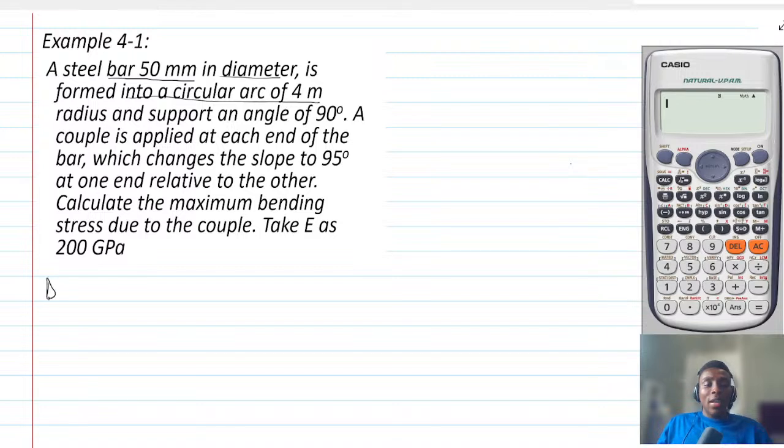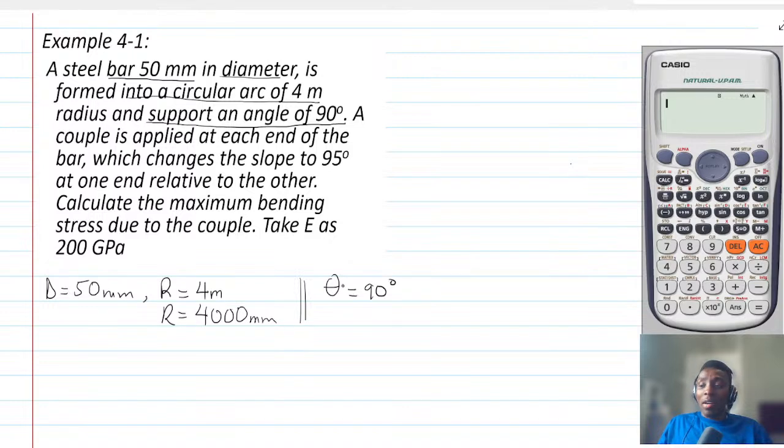So the diameter is 50 millimeters, and the original radius is 4 meters, which is the same as 4,000 millimeters. Okay, and then the question said that it supports an angle of 90 degrees. So if you look at it carefully, the theta, which is the 90, is the original angle.